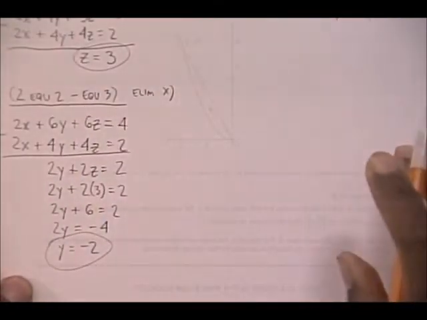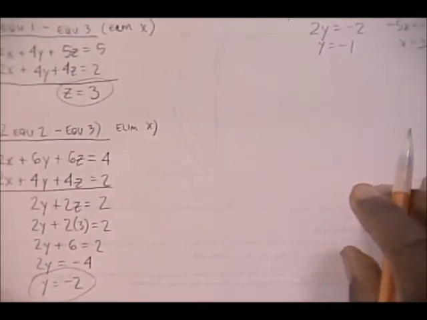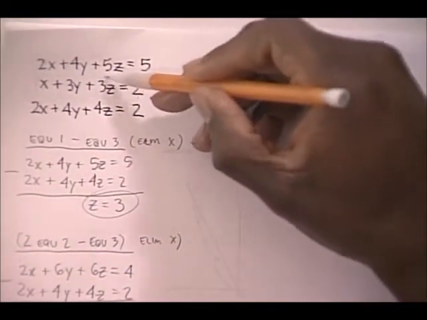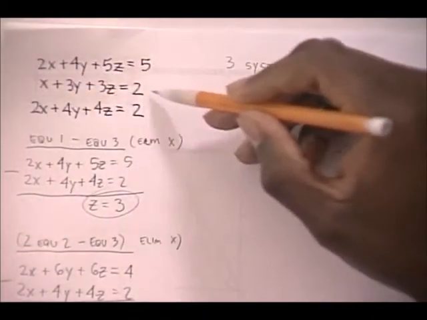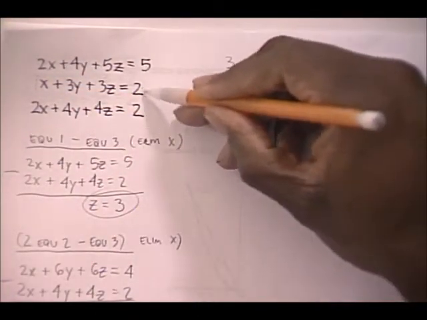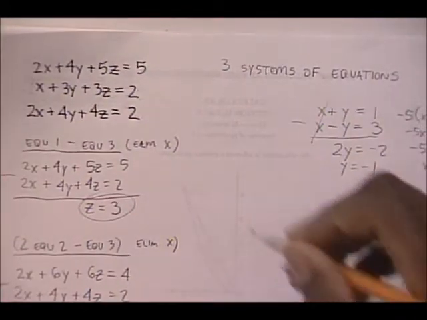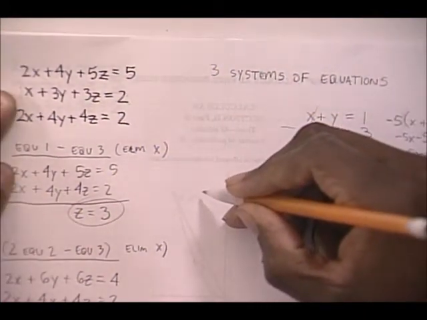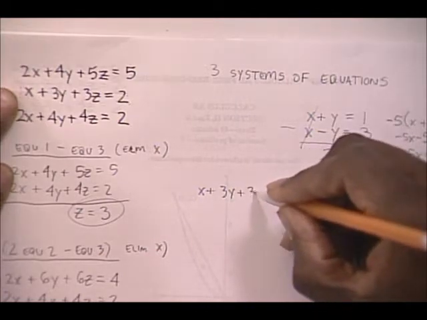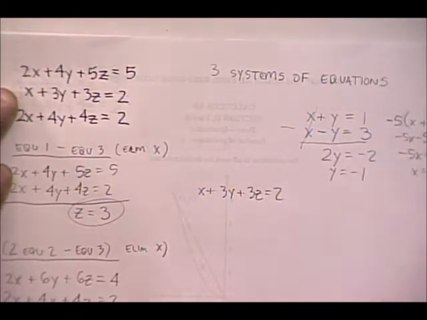So you've got one more variable to calculate. We got y is equal to negative 2, z is 3. Now we're going to take either initial equation. I think this one might be the easiest to work with. Numbers appear to be smaller. But it doesn't matter which equation you use to solve for this final variable. Let's rewrite this: x plus 3y plus 3z is 2.